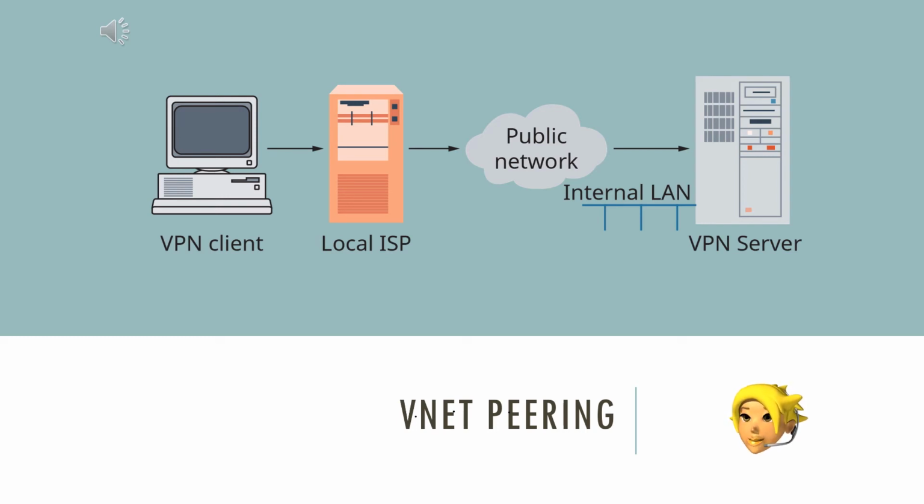The network latency between virtual machines in peered virtual networks in the same region is the same as the latency within a single virtual network. And service chaining enables you to direct traffic from one virtual network to a virtual gateway in a peered network through a user defined route.